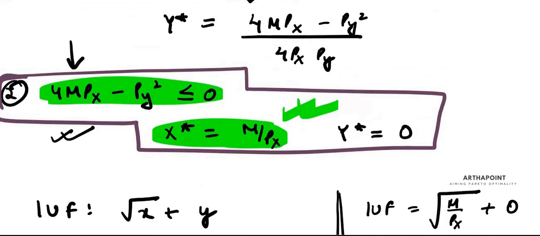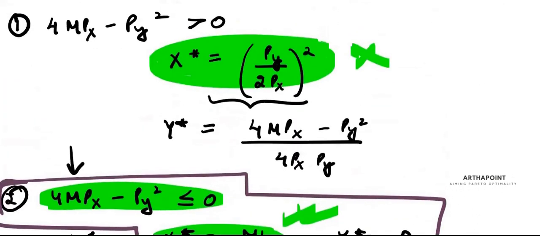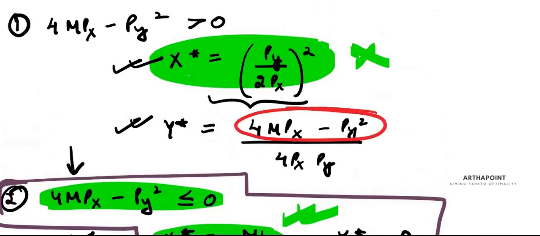Most of the students just get this as the answer. They solve for x and y, but they do not take into consideration that the numerator of y can be negative also, in which case you will not consume y at all and y will become 0. And when y will be 0, then x will not be this, but more than this. You will spend your entire income on x.